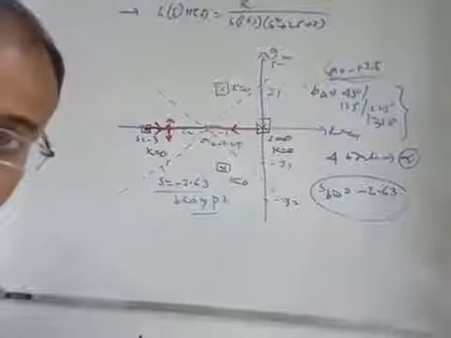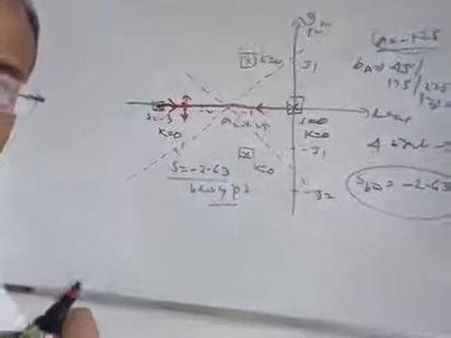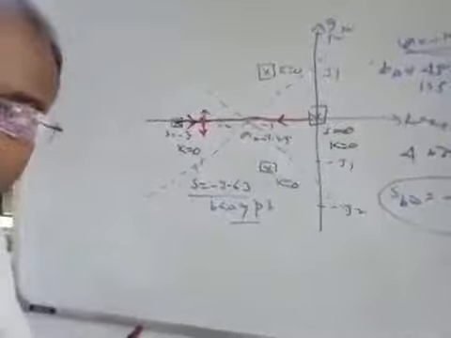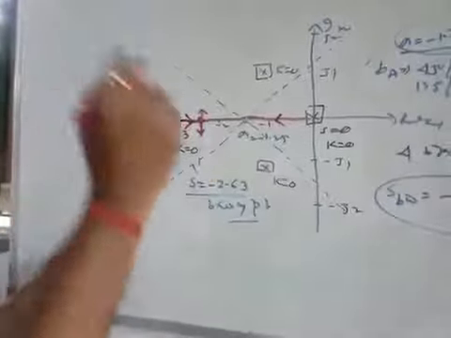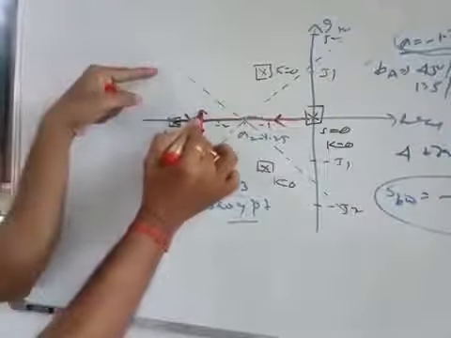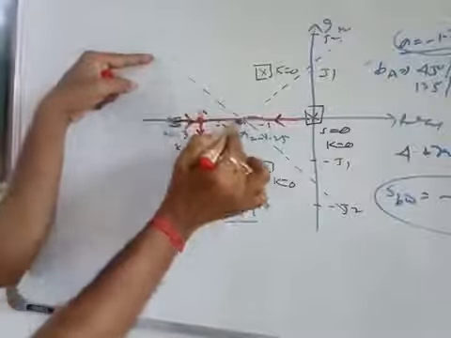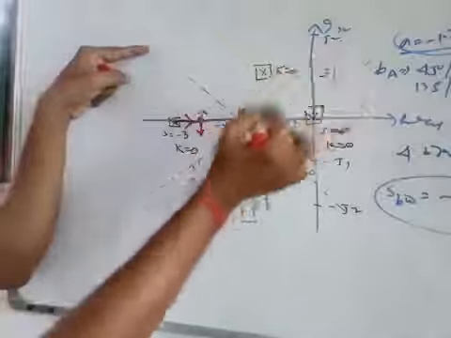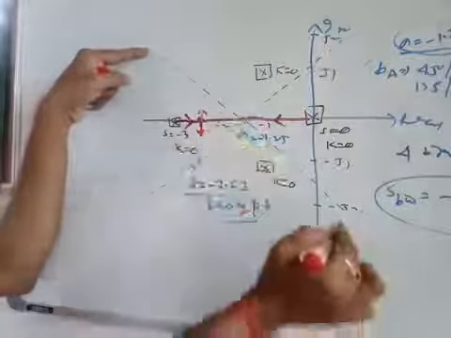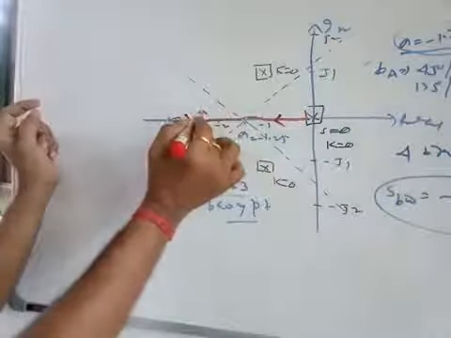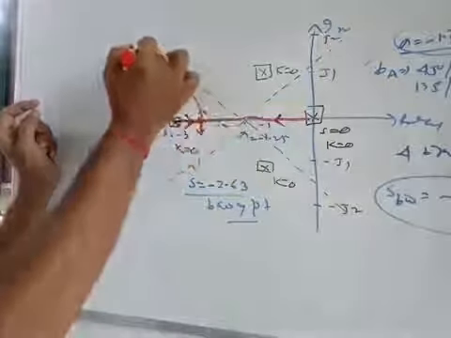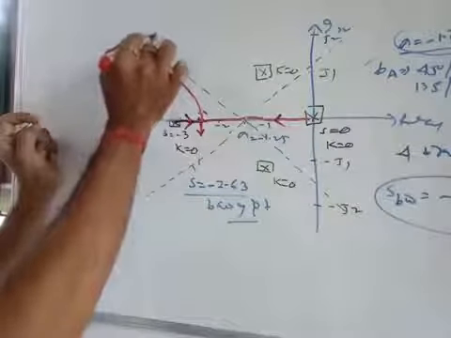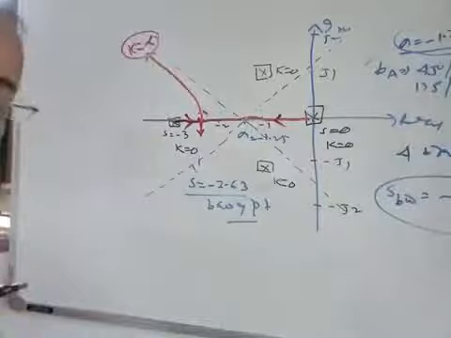And you see, next what can be done. Next, this branch when it moves to this, this is actually finding this root. This is one root, this is one root, this is one root, and this is one root. So four roots are given. This pole definitely moves along this path and goes to infinity, where the value of K is equal to infinity.